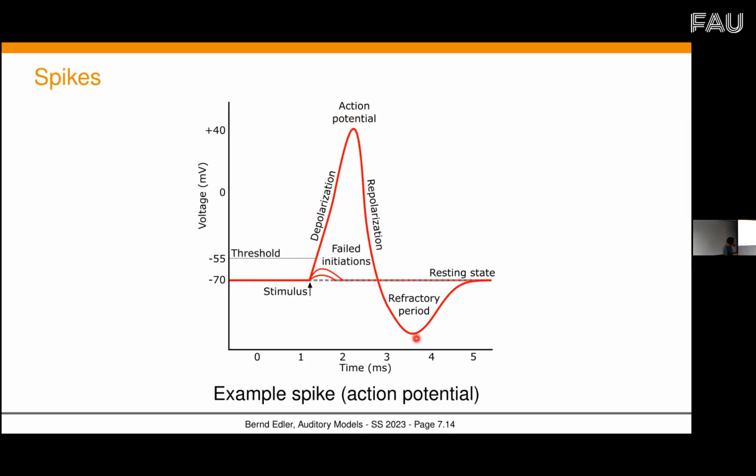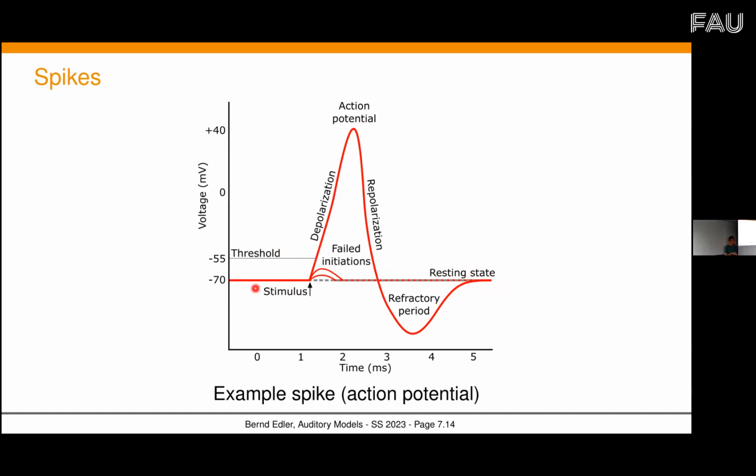which looks like this pulse-like thing. And then there's a negative voltage phase, a lower voltage phase. It's changing around minus 70 millivolts, and then that would go back to a resting state.